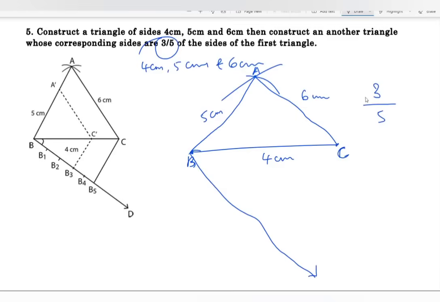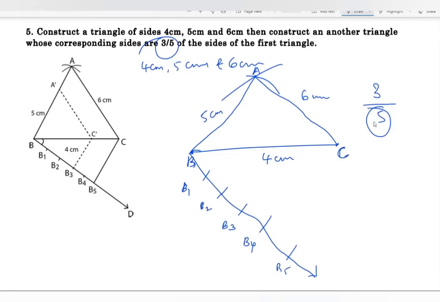Now from the point B, cut 5 arcs. Why 5 arcs? Because the highest number in the ratio is 5. That is B1, B2, B3, B4 and B5.